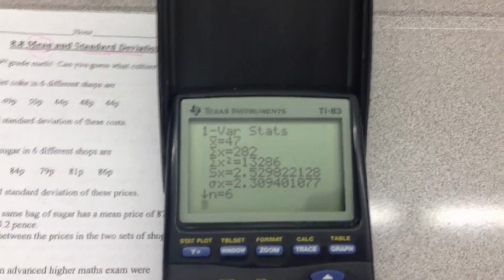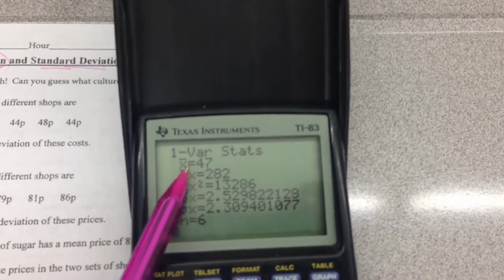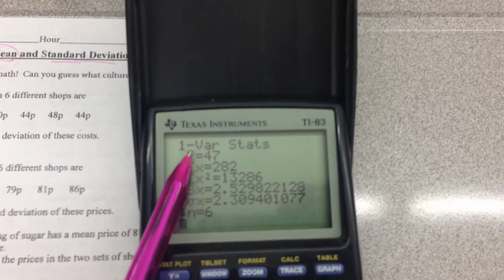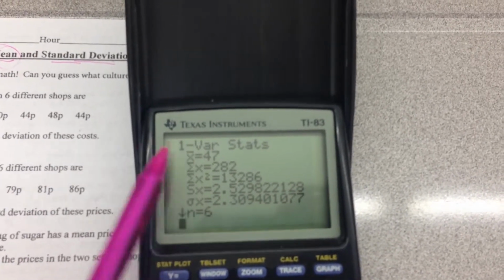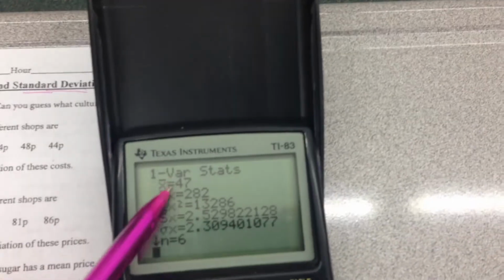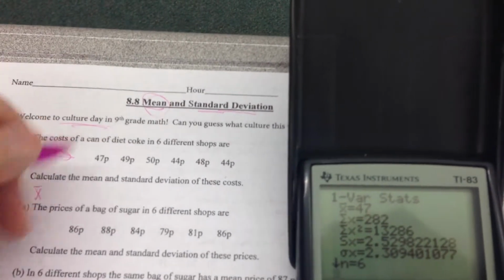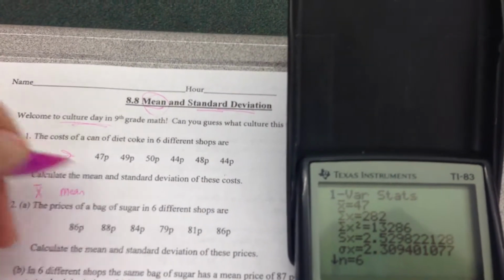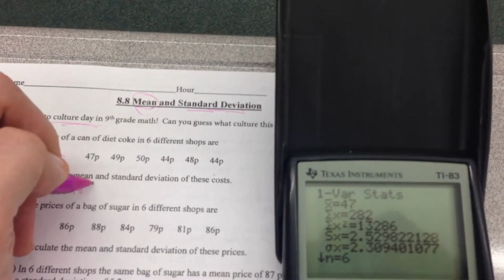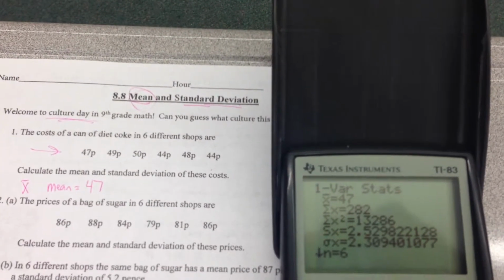If you look right here, this x with the bar on top of it, x bar, is your mean. It means the same thing; they just use this more in college. On your paper, you can write either x bar or mean. Either way, the mean is going to be 47.